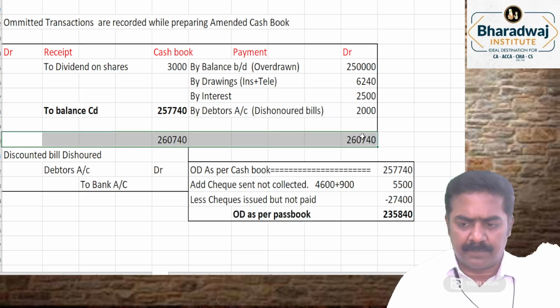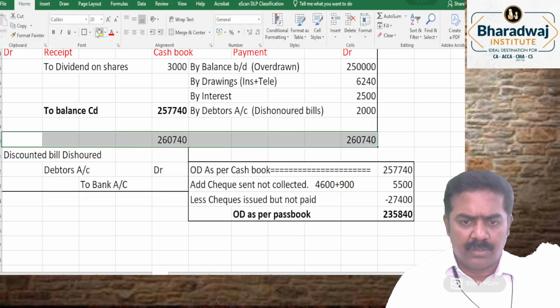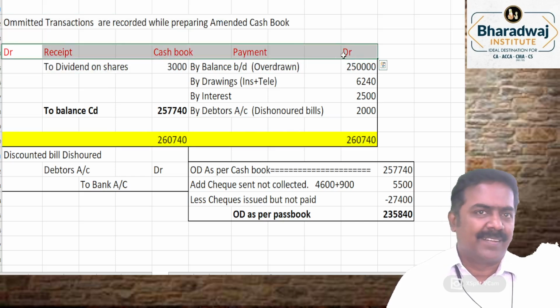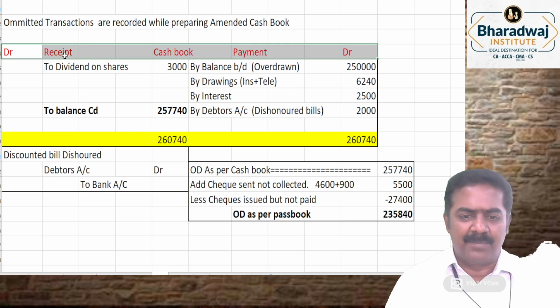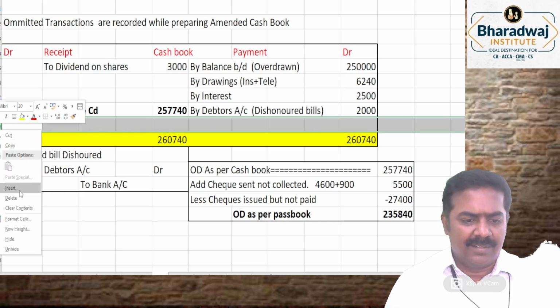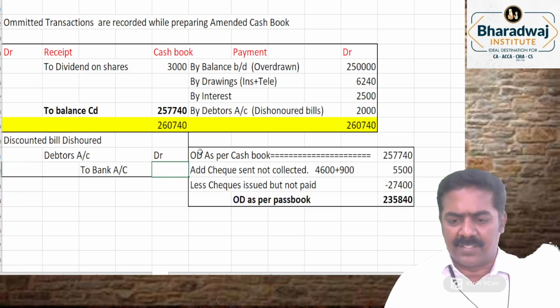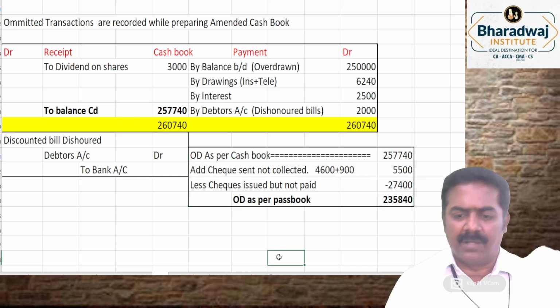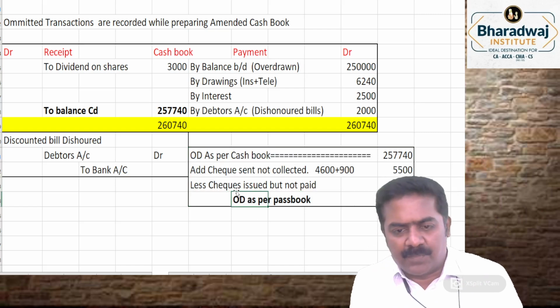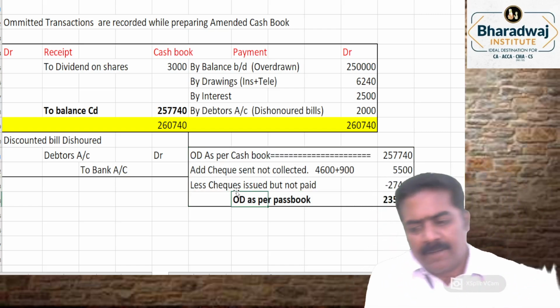Customer. So actually, this question becomes much easier. Now, omitted items are already recorded in which one? Cash book. The items causing the differences are just adjusted in which one? Cash book. That is reconciliation.